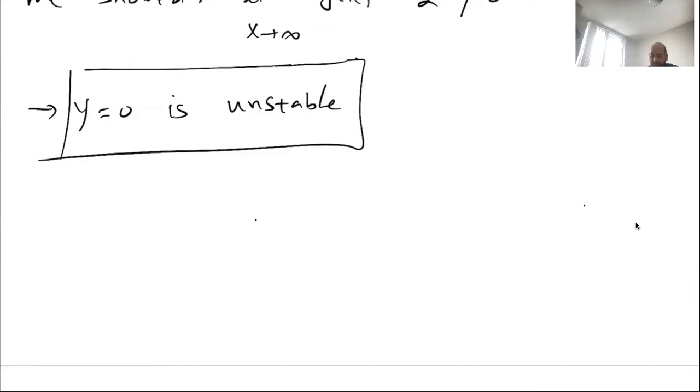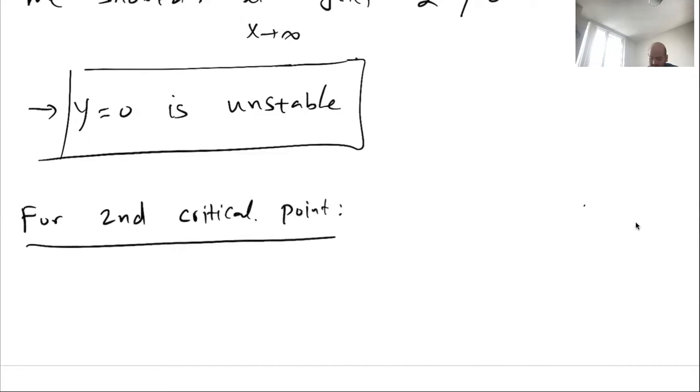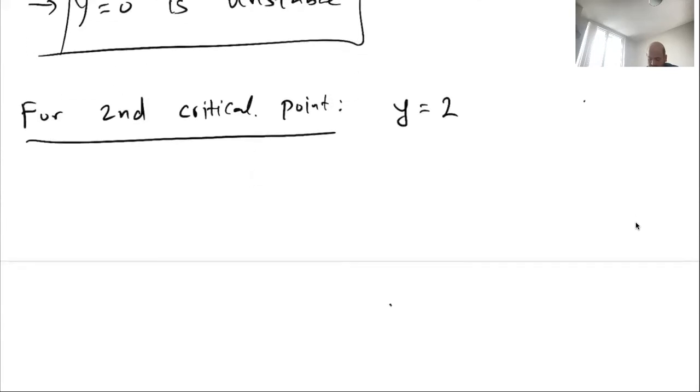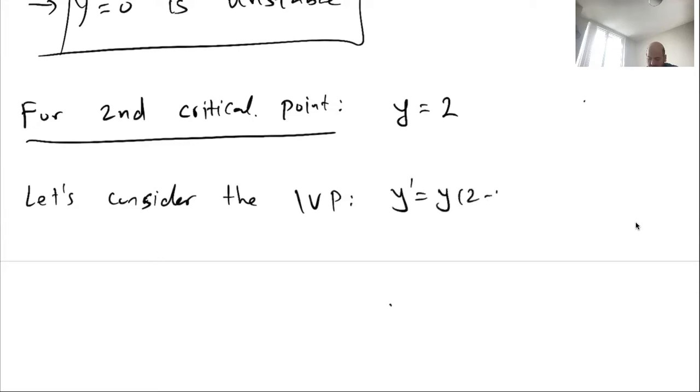So for the second critical point, y equals 2. Let's consider the IVP. Again, the equation is still the same, y times 2 minus y.